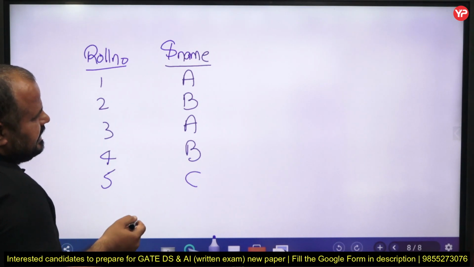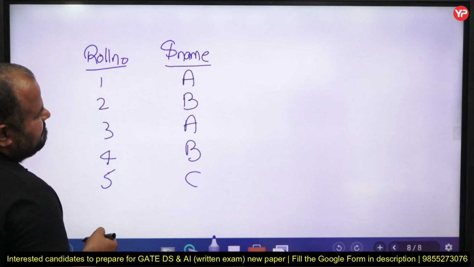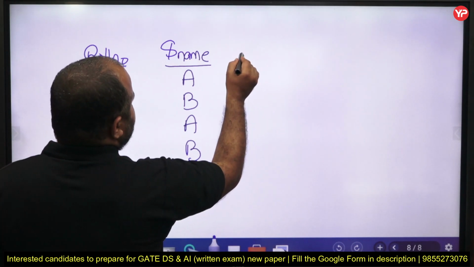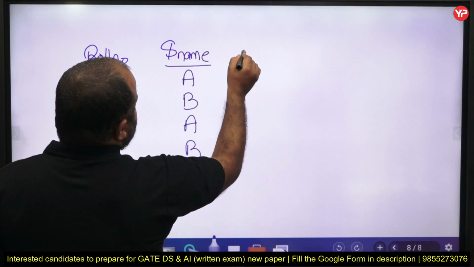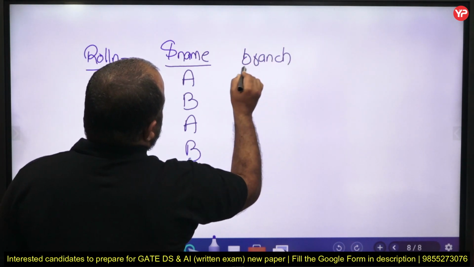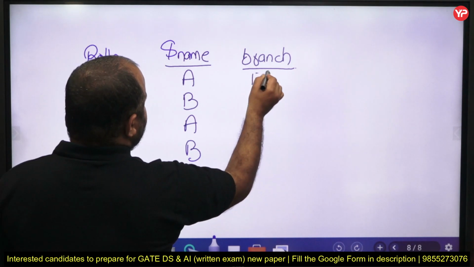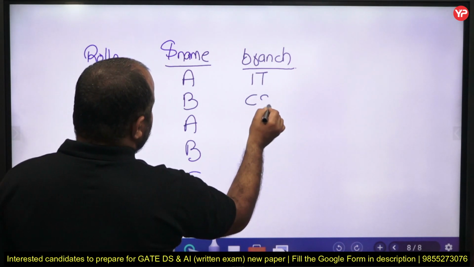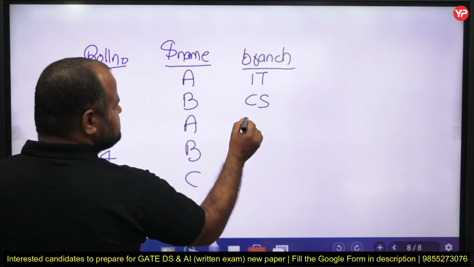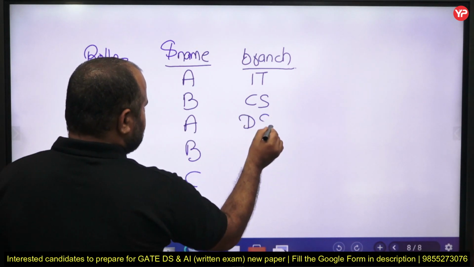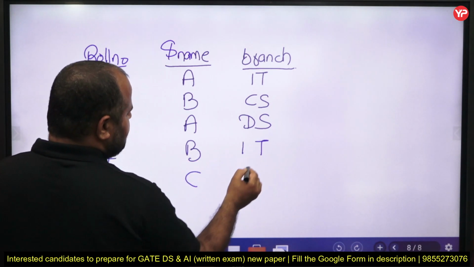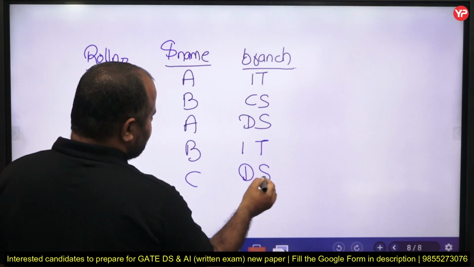Suppose I am just adding one more attribute, suppose it is branch. Now, A has branch IT, B has CSC, and this A having roll number 3 has branch data science. This B for roll number 4 has branch IT, and this is again data science.